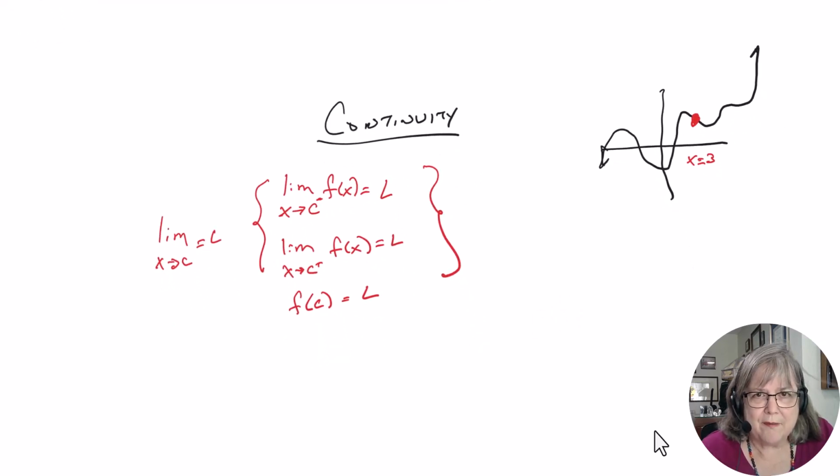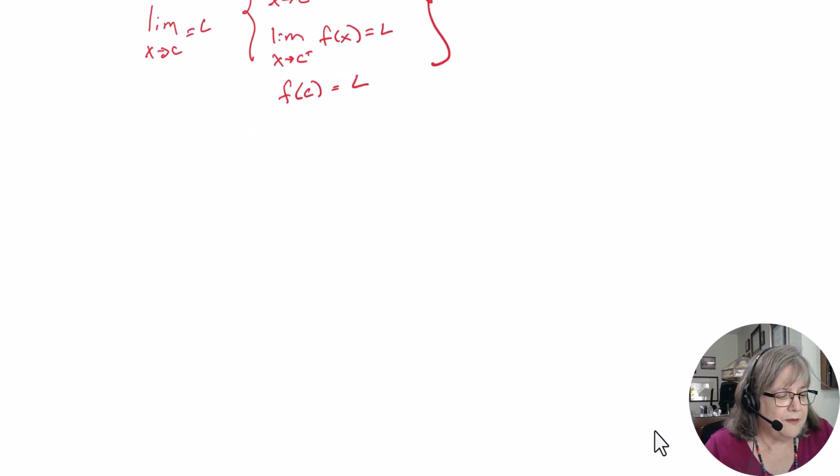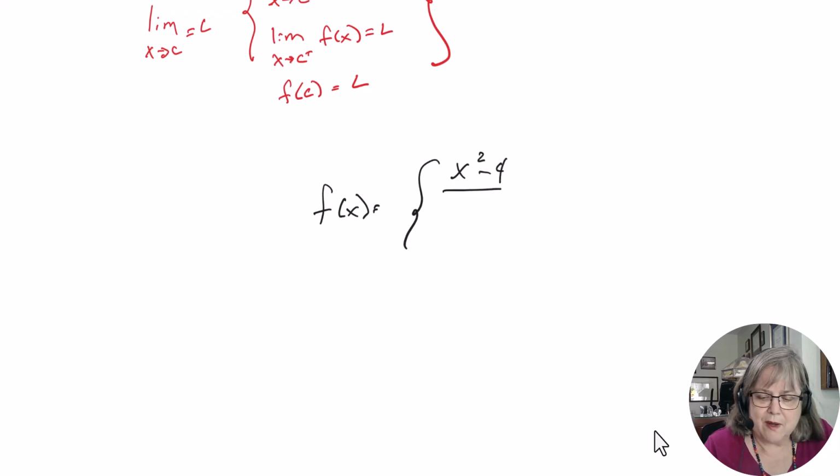And just saying, yes, it's continuous, may not cut it for your teacher, okay? So you have to do what your teacher has demonstrated for you in class, all right? So if we had some sort of function that looked like this, kind of a piecewise, that's a 4.